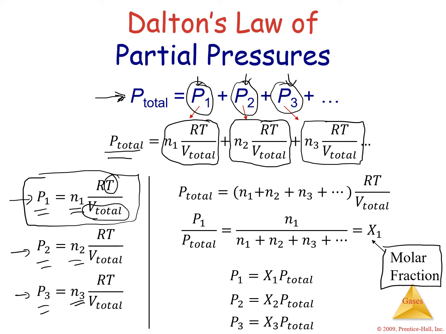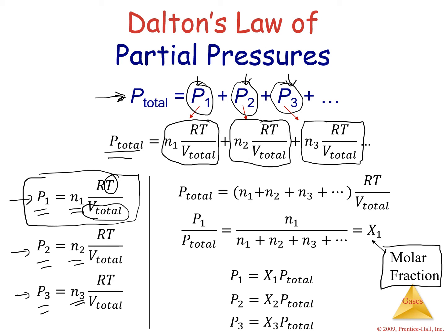If you examine this sum, you should notice that the constant R, the temperature, and the total volume of the gas mixture are common for all components, the partial pressures P1, P2, P3.